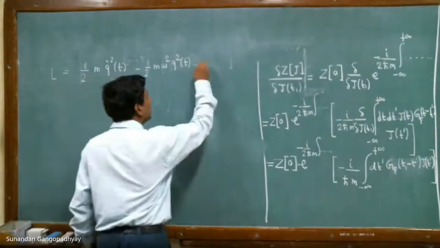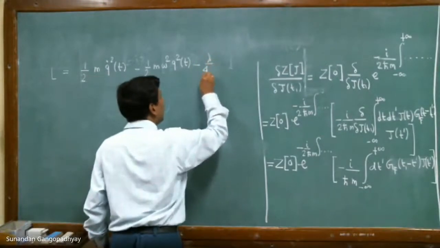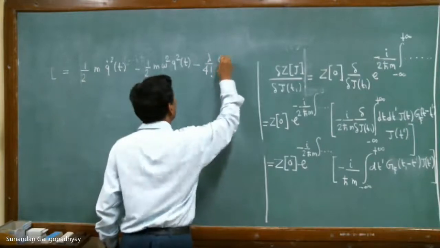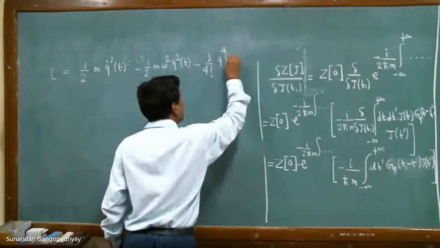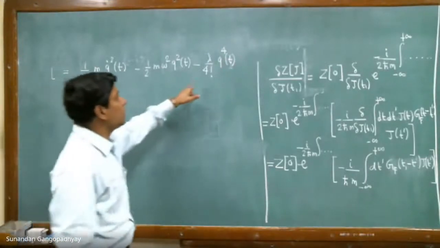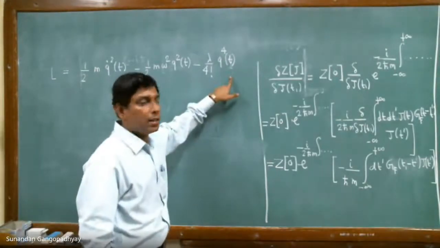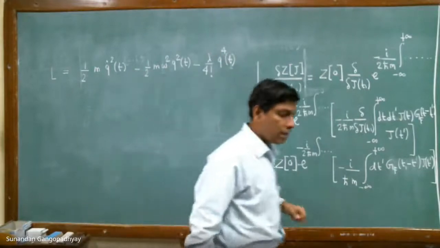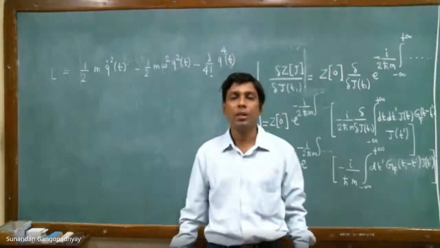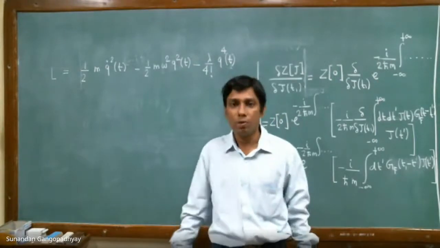And then I put in an anharmonicity factor. When I put this term in the Lagrangian, you can understand that this is an anharmonic term that I introduced in the Lagrangian of the quantum harmonic oscillator.